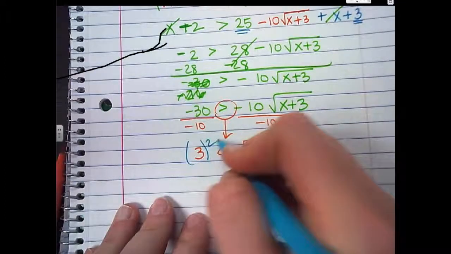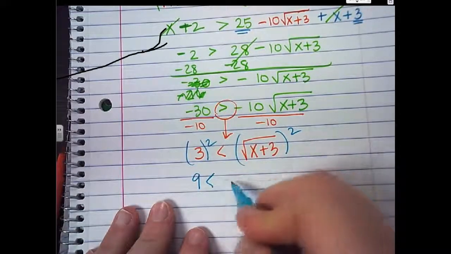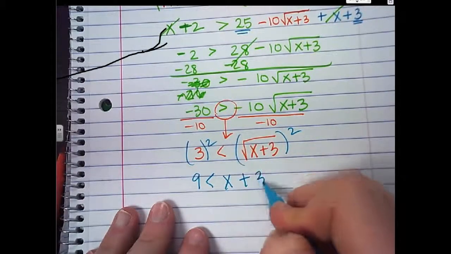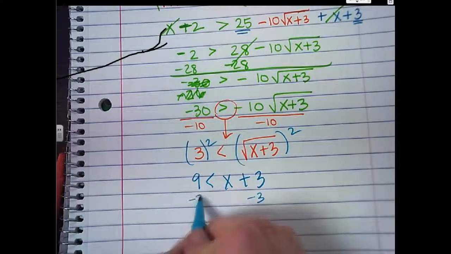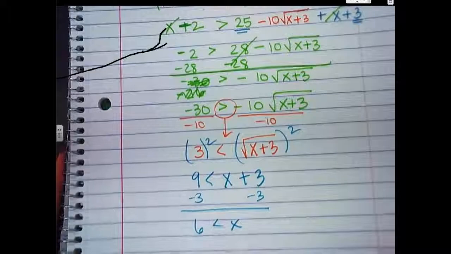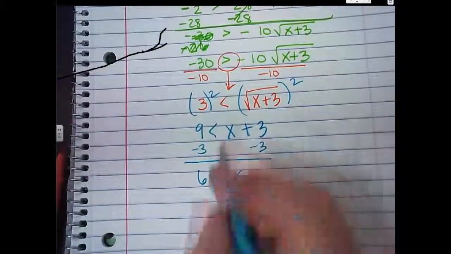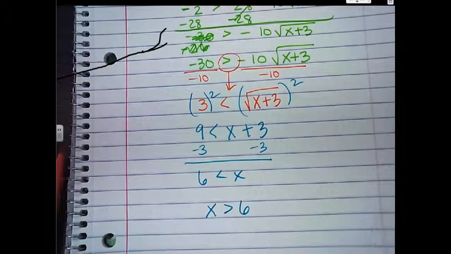So square both sides again. 9 is less than x plus 3. So I get it's 6 less than x, and I like it always x the other way. So x is greater than 6.